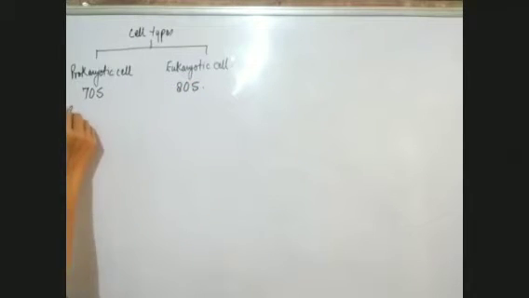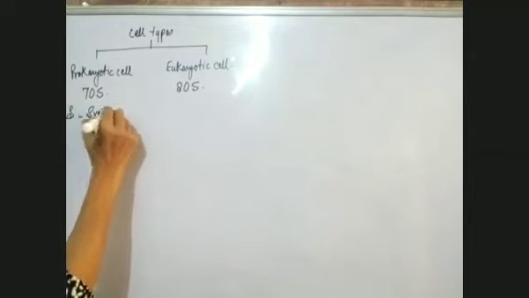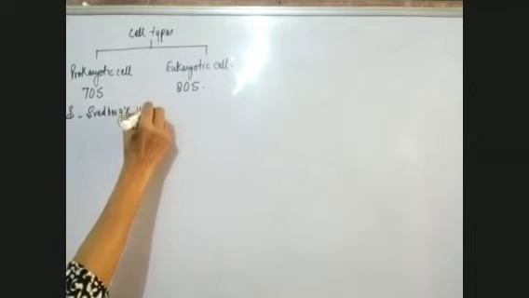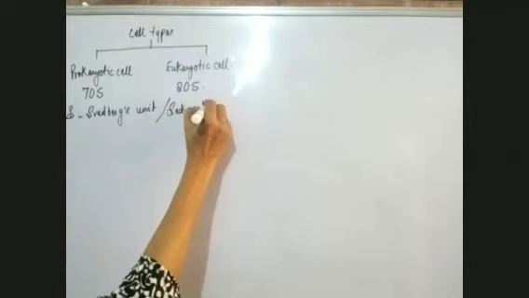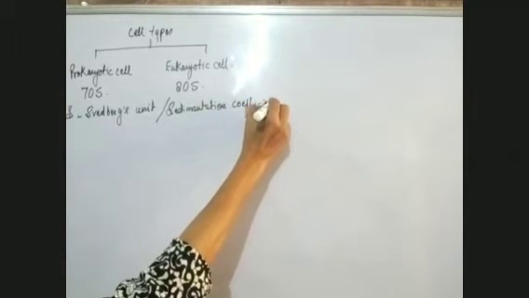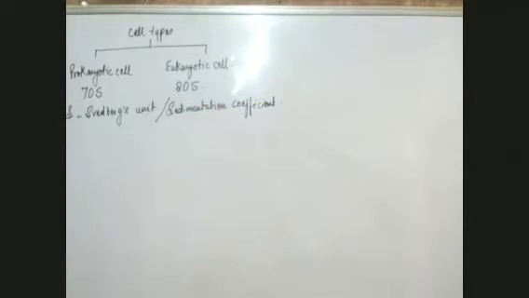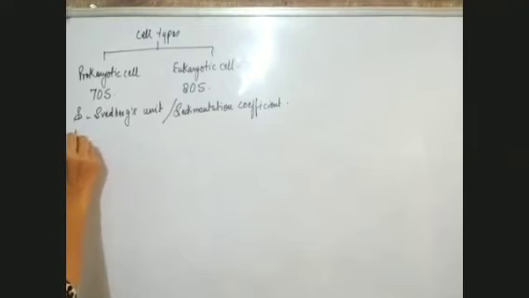of ribosomes. S here is Svedberg's unit, also known as sedimentation coefficient. Now, this S or Svedberg's unit or sedimentation coefficient is a non-SI unit.